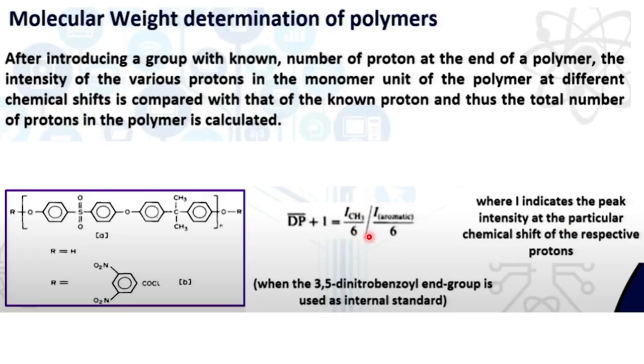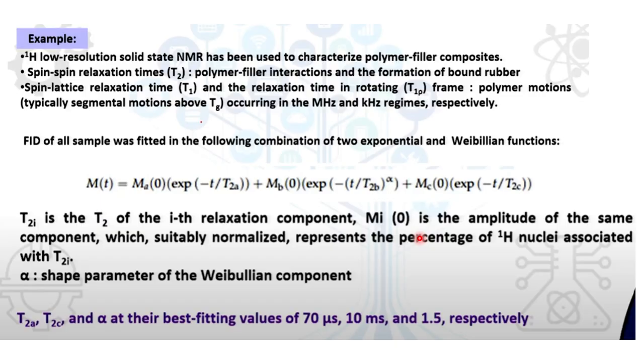So, you will get a specific delta value for this alkyl proton that is present in the repeating unit, and you will get a delta value in the aromatic region for this proton. Since the total number of protons is 6 here and it is also 6 there, dividing by 6 you will get the data.